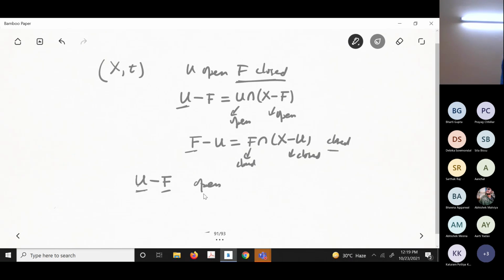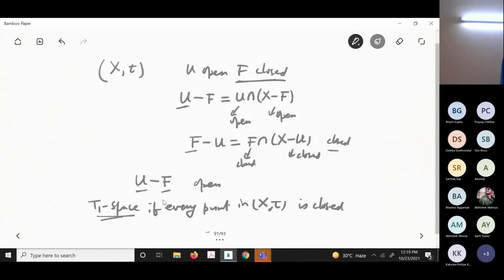In fact, I have taught you T1 space. T1 space means, remember, that every point in X, tau is closed. So every finite set is closed. So in a T1 space, every finite set is closed.